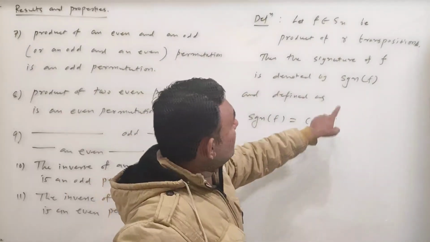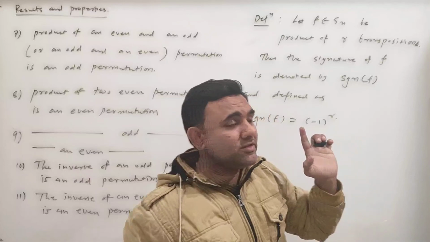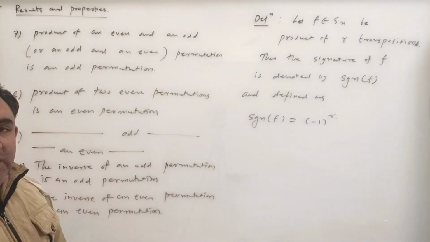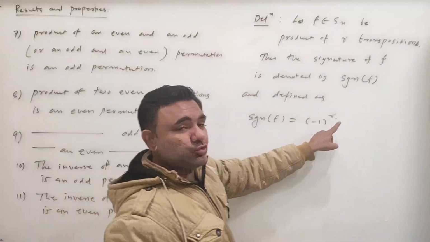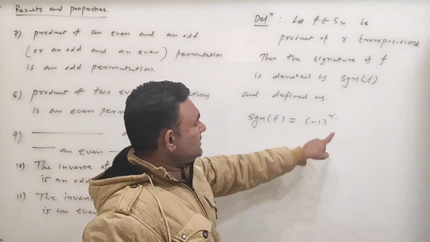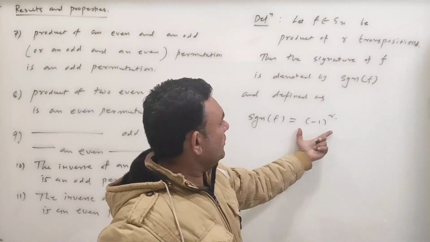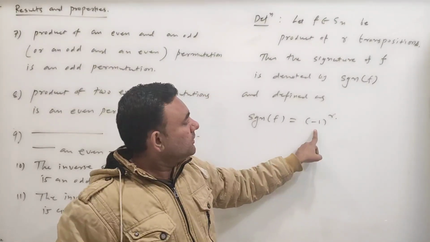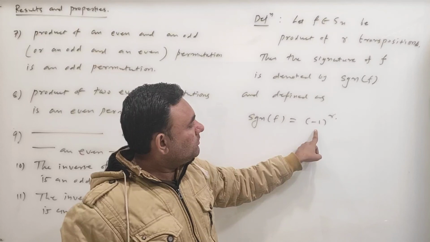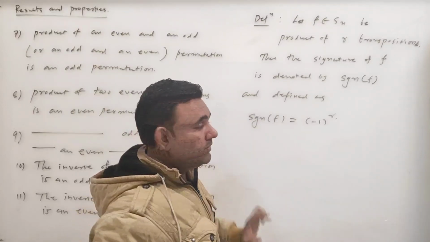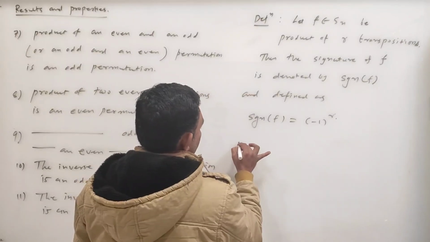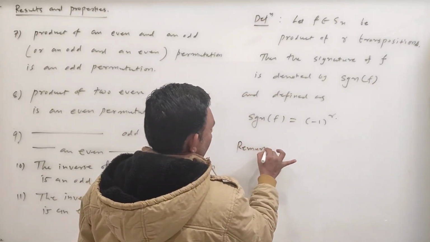And what is r? r is the number of transpositions required to express f as a product of transpositions. So -1 raised to r. So obviously if r is even, then this quantity is +1, and if r is odd, then this quantity is -1, right?